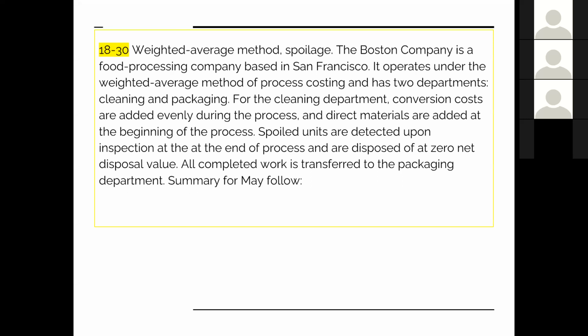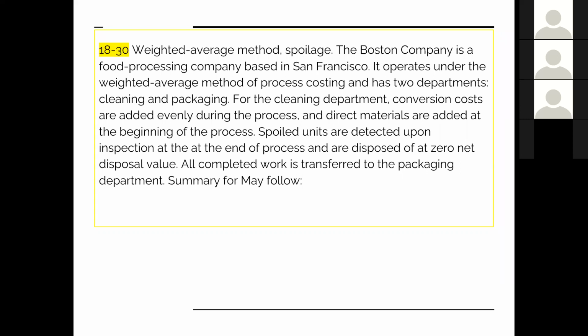Okay, I will read question number 1830. Next slide, please. Weighted average method spoilage. The Boston Company is a food processing company based in San Francisco. It operates under the weighted average method of process costing and has two departments, cleaning and packaging.